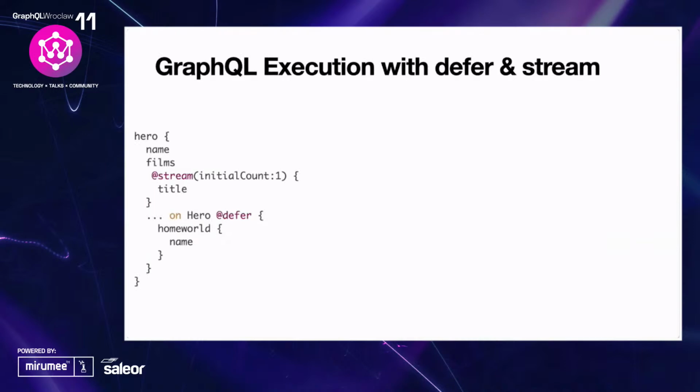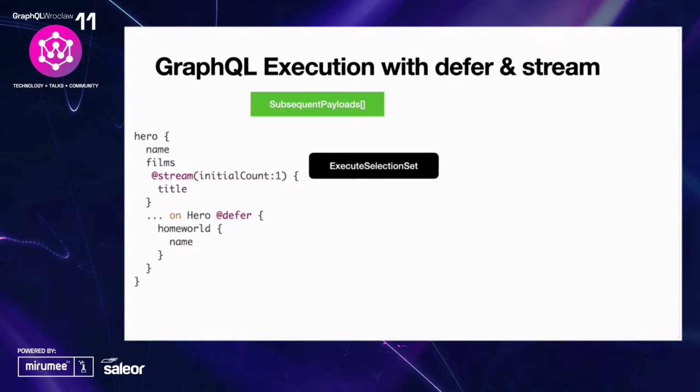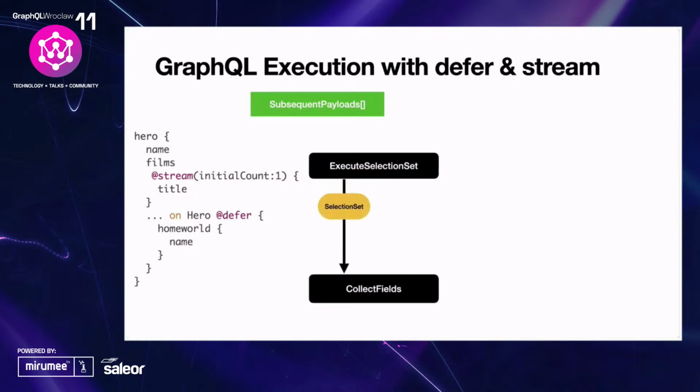Now I'm going to talk a little bit more about what changes we need to make to support defer and stream. Before we start off, there's a list called subsequent payloads that we use to keep track of our defer and stream payloads as they're encountered. Then back to execute selection set. Like before, we pass the selection set to collect fields.